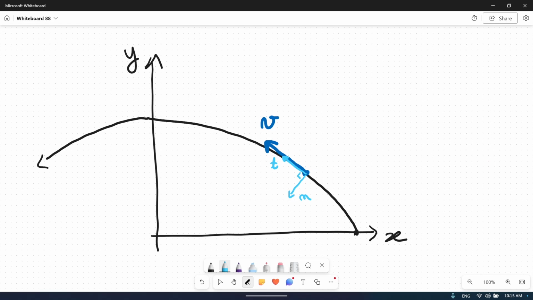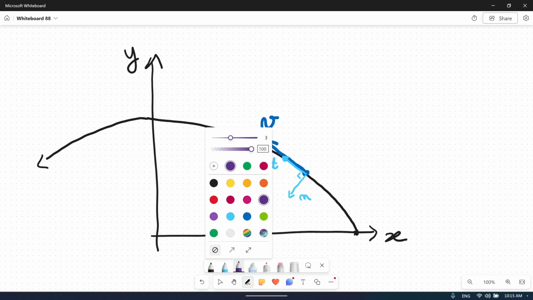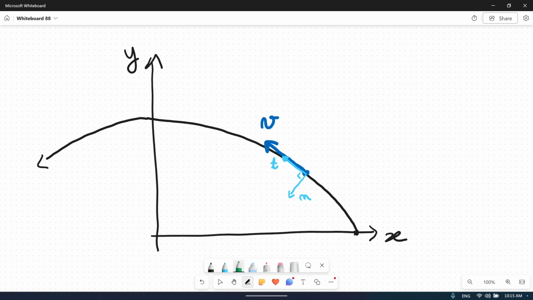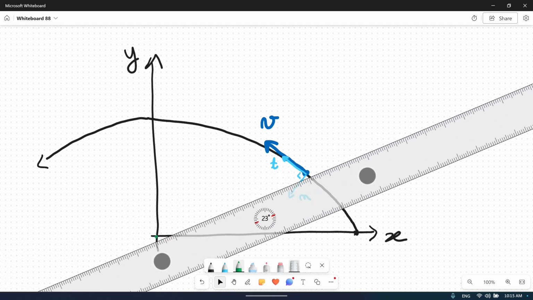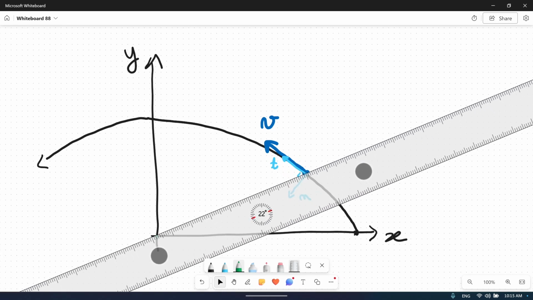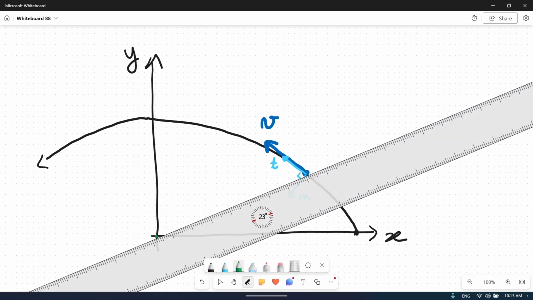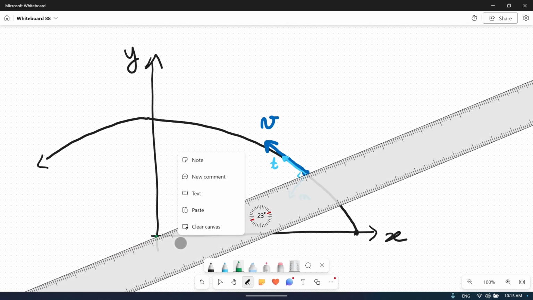Now for my axes r and theta, let me make them in green. So what you need to do is to draw your axis from x, y, from 0, 0.